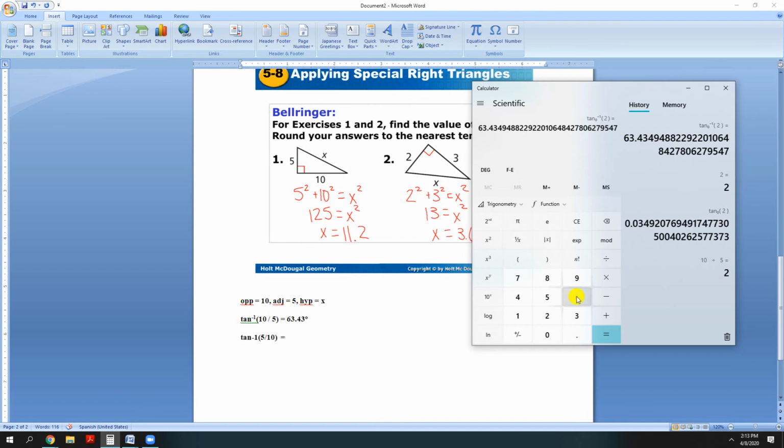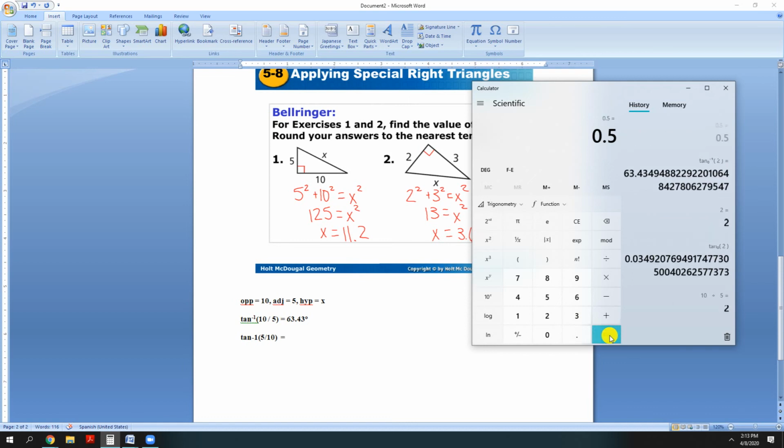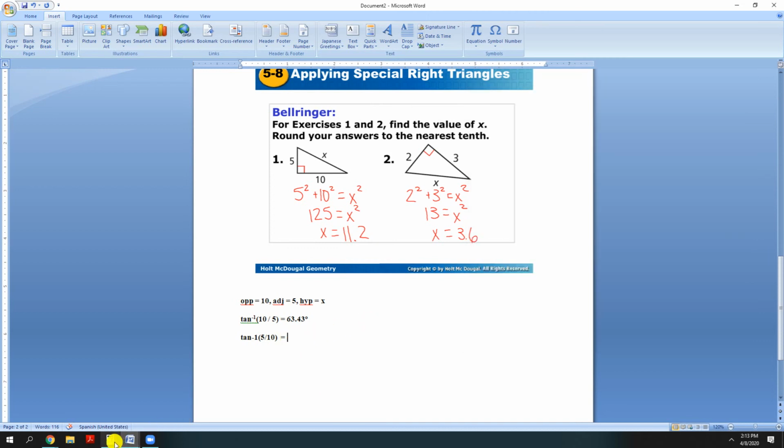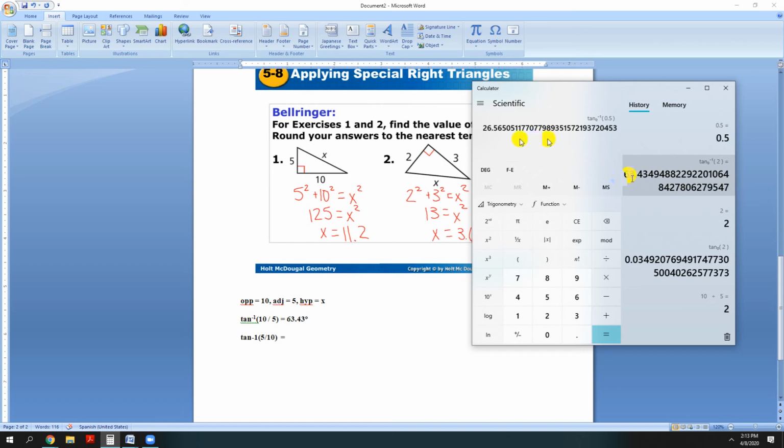Again, that's just 1/2, right? 5 divided by 10 is 0.5. And we're going to take the inverse tangent of that to see what we get. And we got 26.565, so that's going to round up to 26.57.